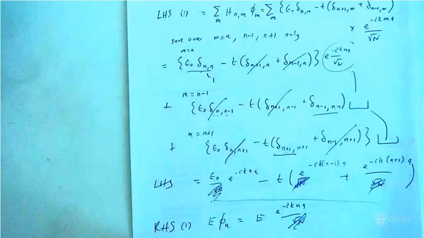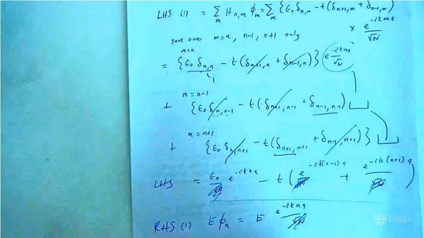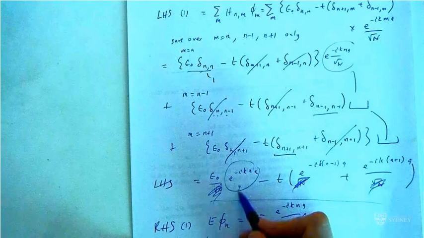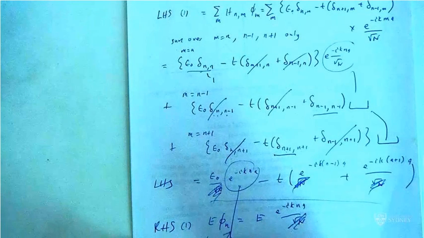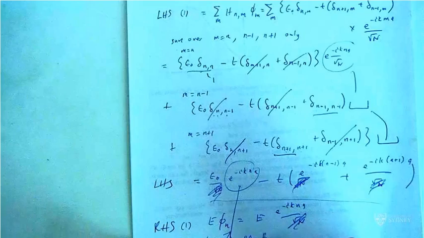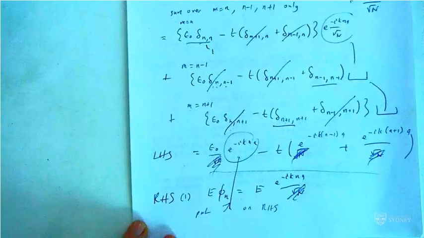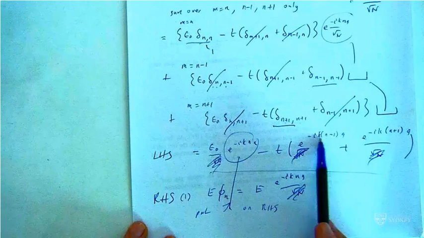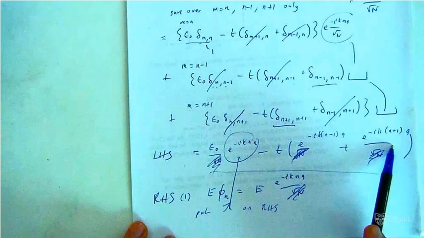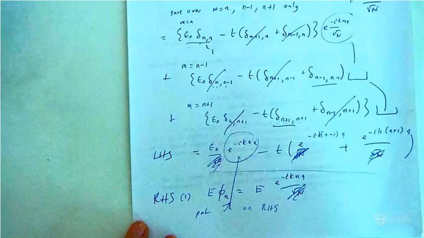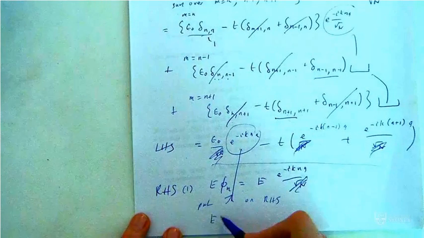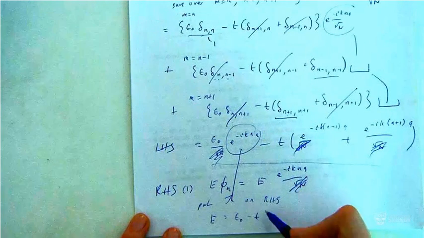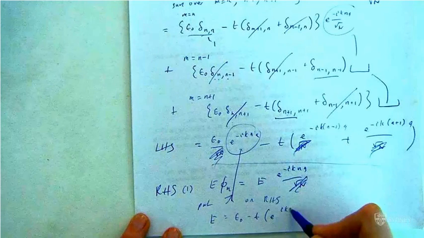What we're going to do is put this term on the right-hand side, get rid of this, put this over there, and just work out these exponential parts here. When you do that, you end up with E0 minus t, e to the i k a plus e to the minus i k a.